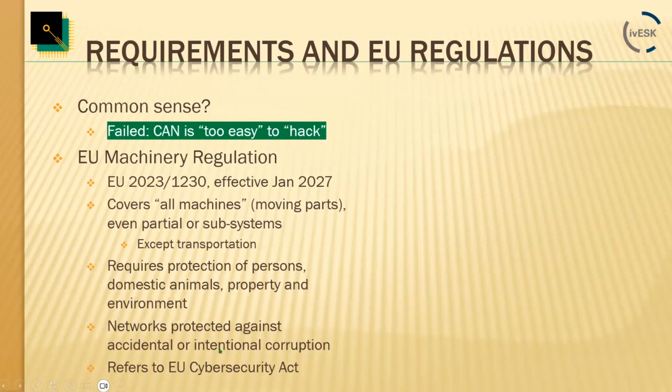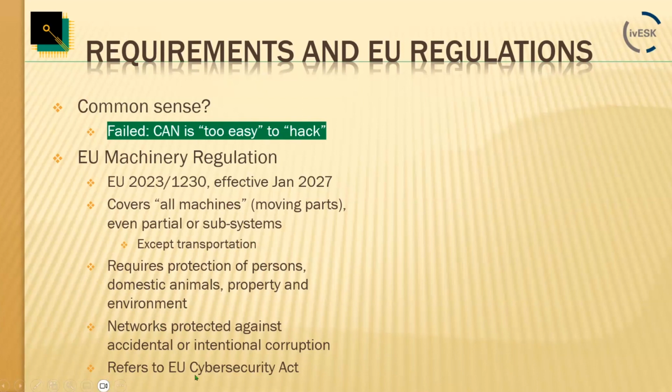And intentional corruption means that somebody is doing something to the network that they should not do. This can be as much as user error, but well, no, intentional really means somebody wants to do something bad to the system. Interestingly, when it comes to the details, the machinery regulation doesn't specify anything.